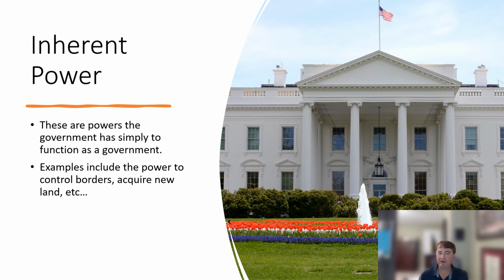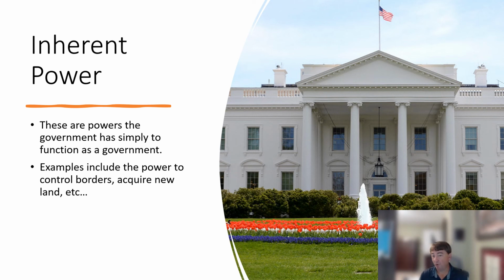Things like acquiring new land. Now, we don't do as much of that anymore, but back when we first started the country, we increased in size rapidly. One example is the Louisiana Purchase. Thomas Jefferson, as the third president, bought an area of land called Louisiana. It was a huge area of land, of course, not just the state Louisiana. It doubled the size of our country.